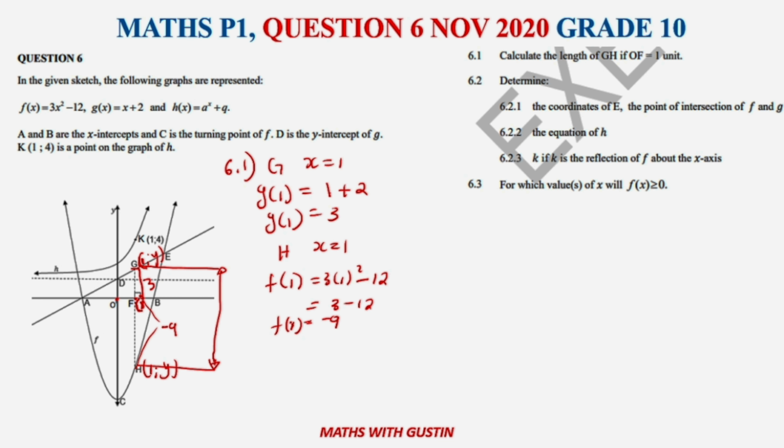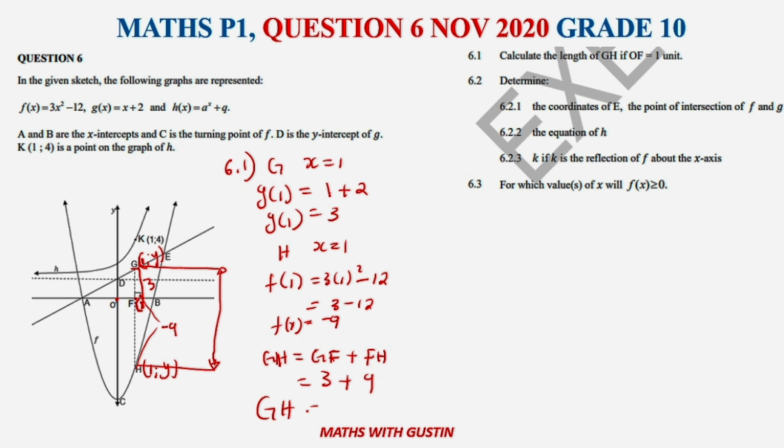So now what do you do? You can simply say the distance of GH, which is this whole thing here, is going to be given by the distance of GH and FH. So GH, which is this one, we said is 3, plus the distance of that one, which is going to be 9.